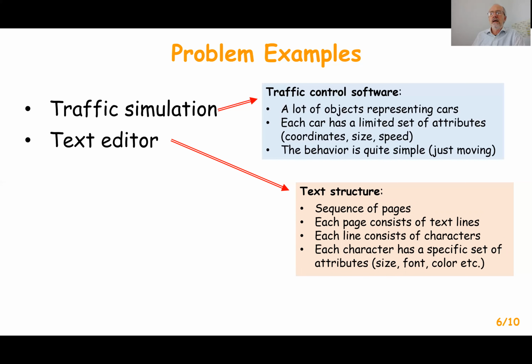First of all, any text typically contains a sequence of pages. These are the big elements of each text. Each page consists of text lines. We are now considering just a text editor. And each line consists, obviously, of characters.